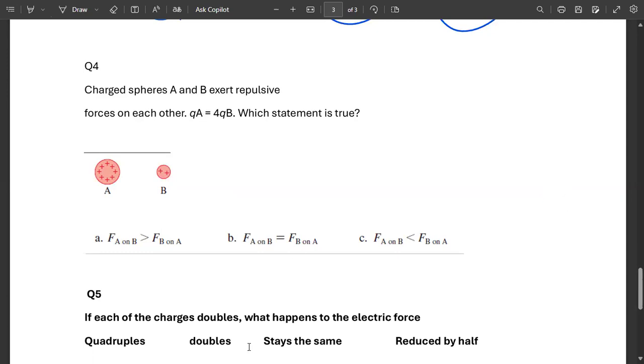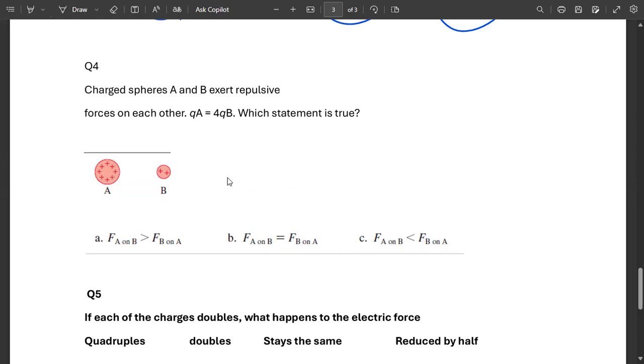And what does that mean? That means the force that A is exerting on B is supposed to be the same force that B is going to be exerting on what? On A. And due to that, we're going to see that our correct answer on question 4 is option B. FA on B is equal to FB on A, and that one is as simple as that.